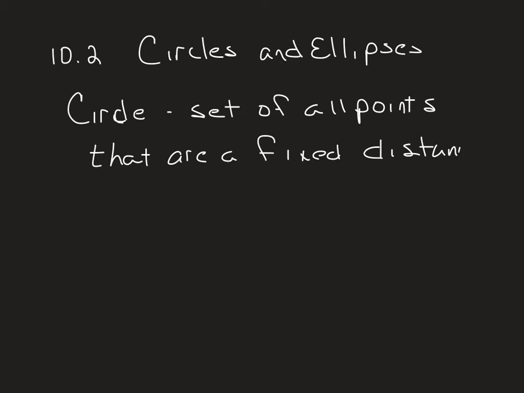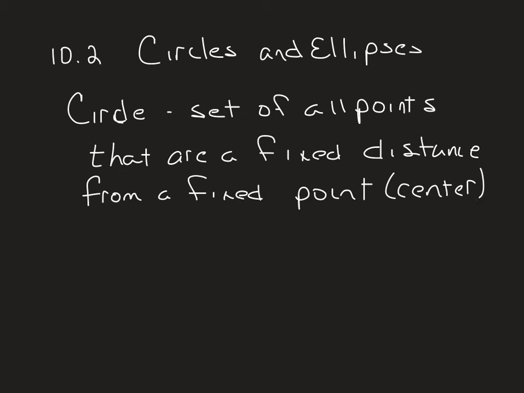We call that fixed point the center. Once again, a circle is the set of all points in a plane that are a fixed distance from a fixed point in the plane, and that fixed point is the center.